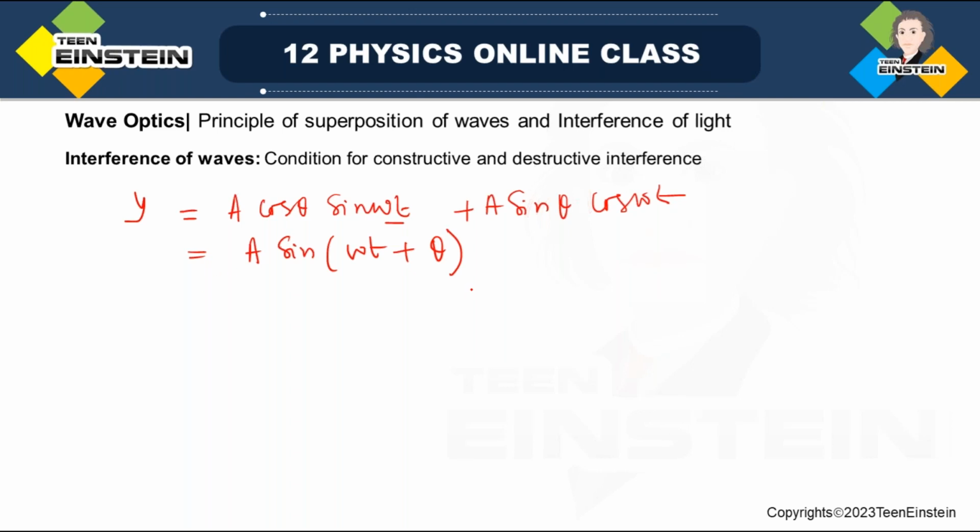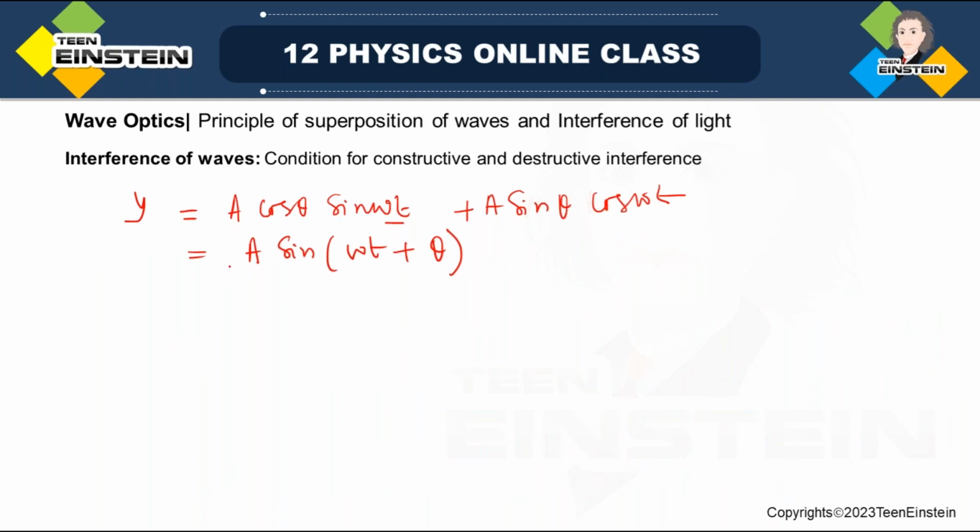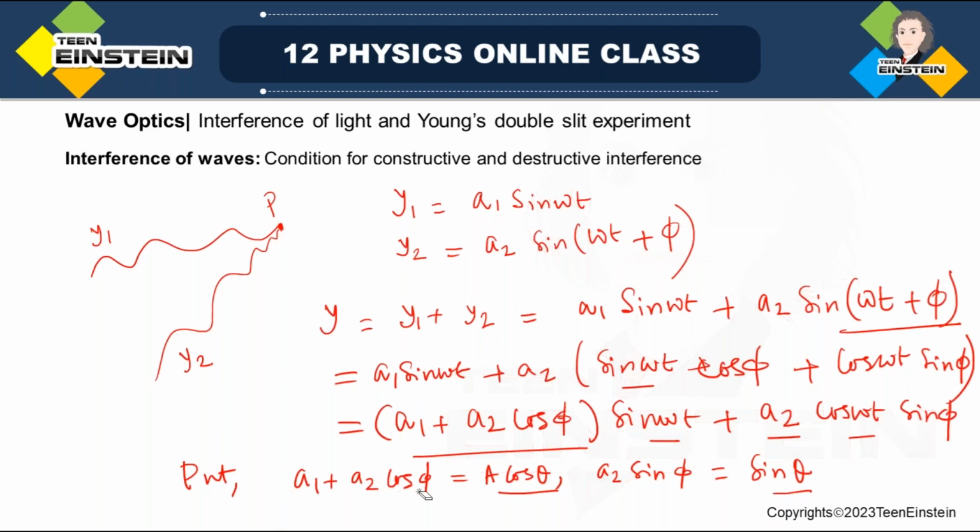Now from here we have to find out the amplitude. This A is not known to us, isn't it? a1 and a2, the amplitudes of the two waves, are known to us. But this is the resultant one, we don't know it, so we have to find it out. A can be found by writing A squared, if I square these two terms.